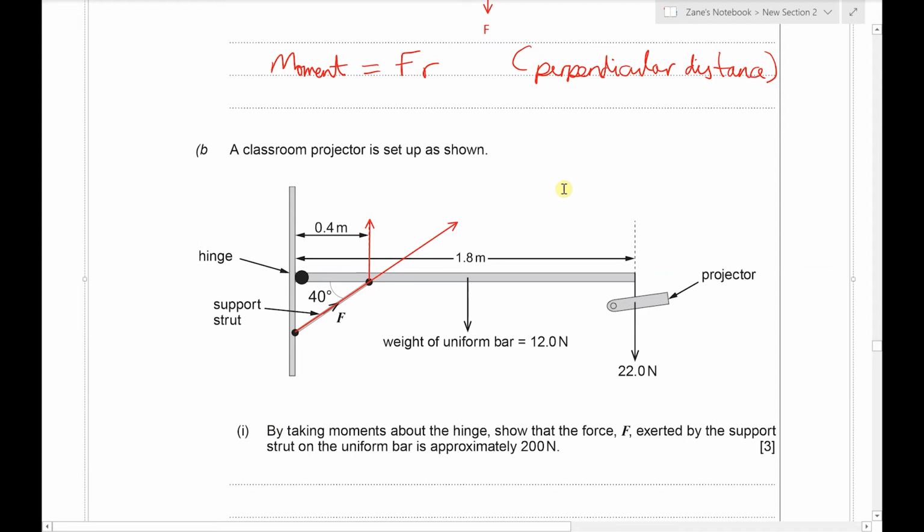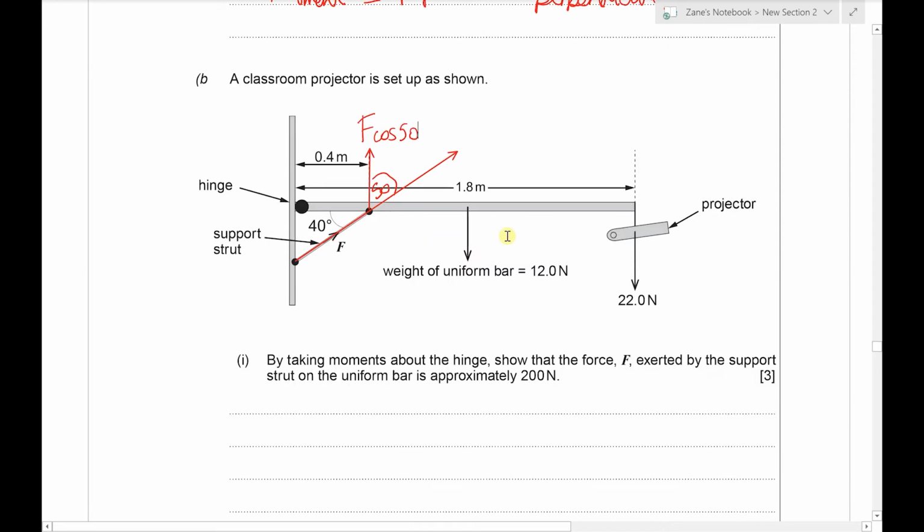Now if we think carefully about angles, we've got a 40-degree angle here, we've got a 90-degree angle there, so this final angle at the end must be 50 degrees. So if I just add that to the diagram, this vertical component of the force here is going to be either F cos 50 degrees or, if you prefer, F sine 40 degrees. Both will give exactly the same answer.